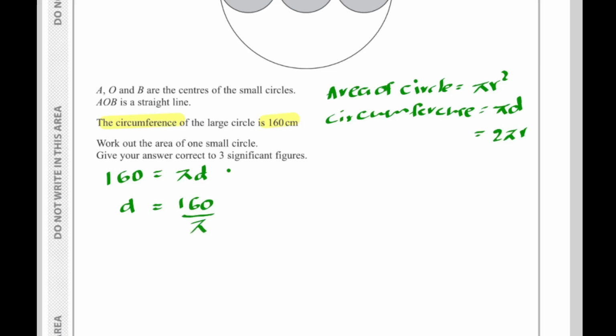Now I'm gonna draw a line here. Okay, let's draw that. This is the diameter. Let's draw the radius of this bigger circle. So this is the radius.